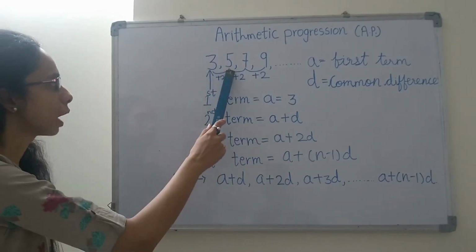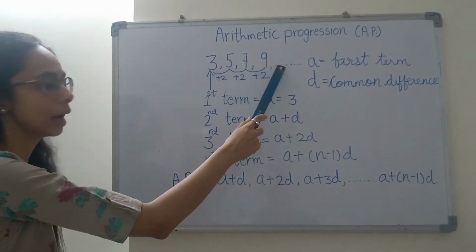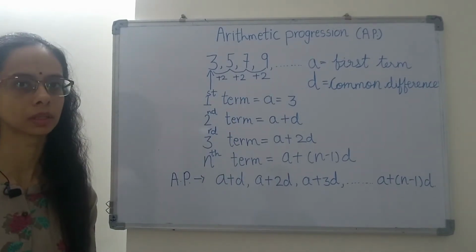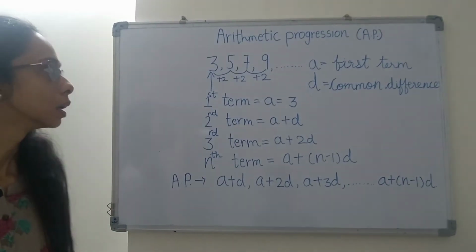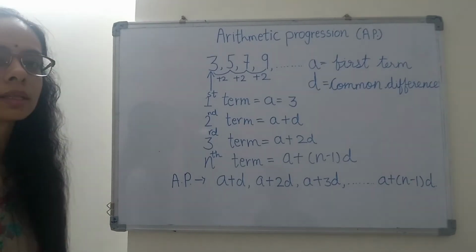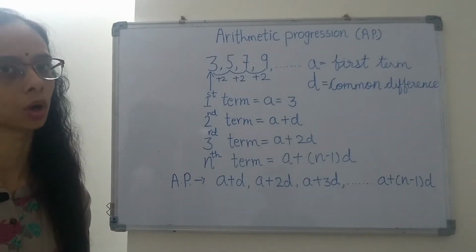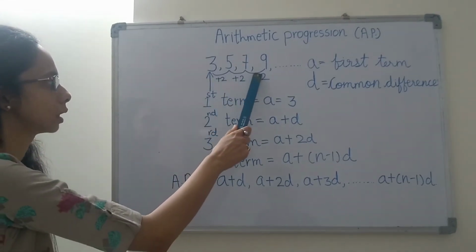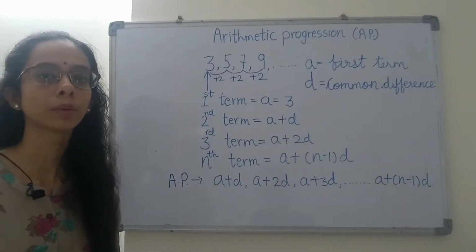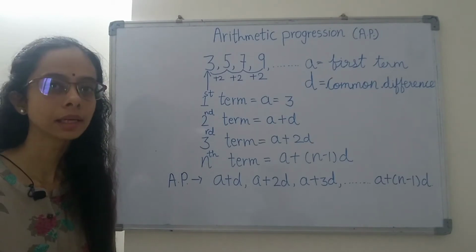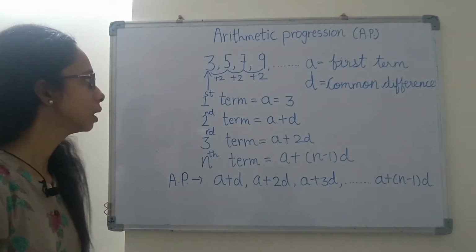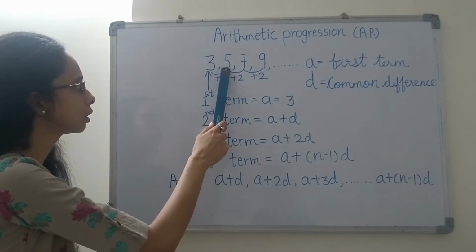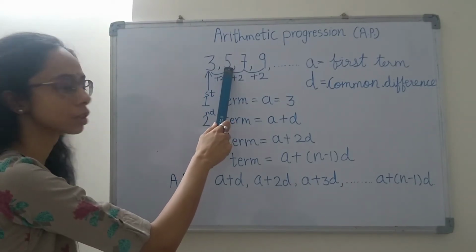3, 5, 7, 9 and so on. This we can consider as a series or sequence. Okay, now let's decide whether this is an arithmetic progression series or not. So yes, this is an arithmetic progression series, because arithmetic progression is the series or the sequence in which the common difference between the consecutive terms, 3 and 5 are consecutive terms.